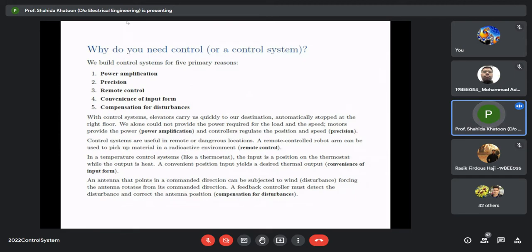The antenna rotates from its command direction. A feedback controller must detect the disturbance and correct the antenna position. This is an example of compensation for disturbance. Okay, so these are points you can write down.